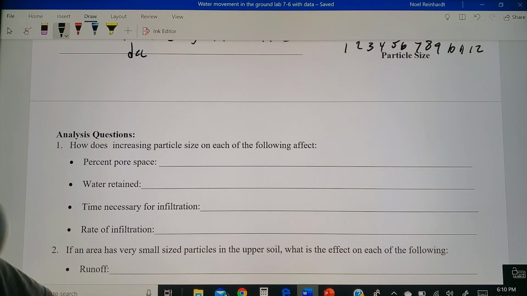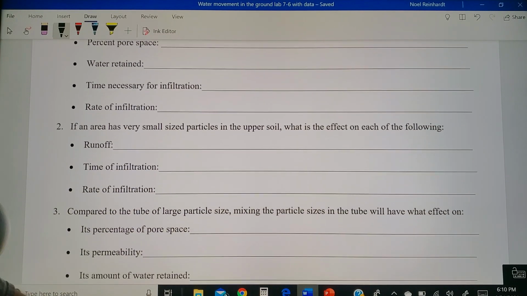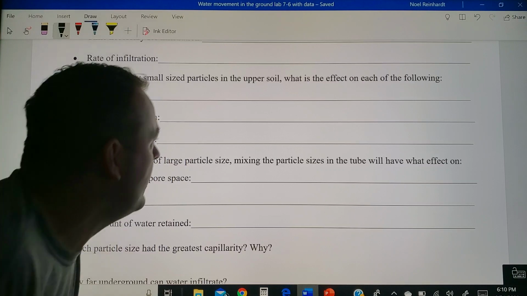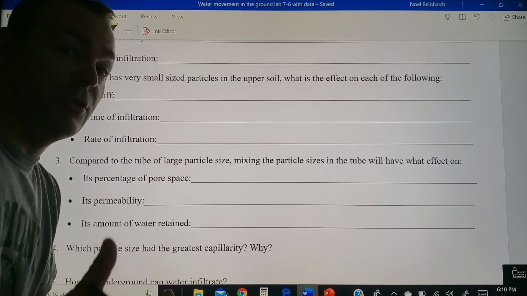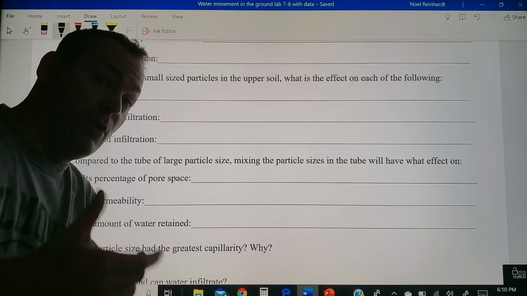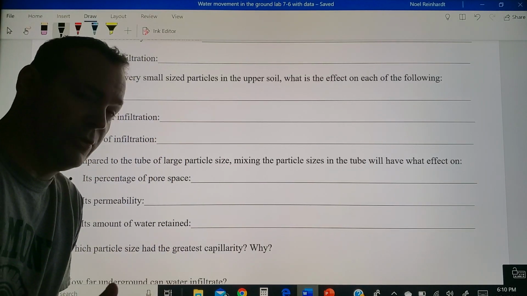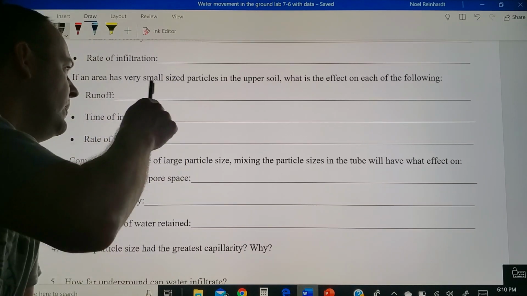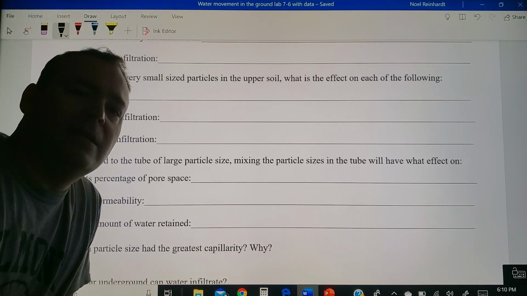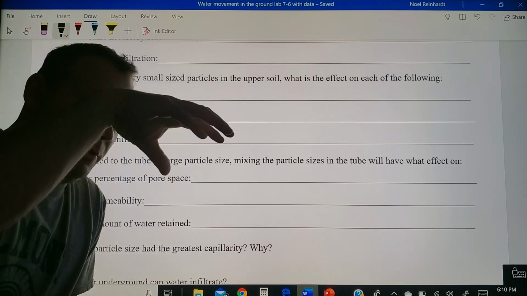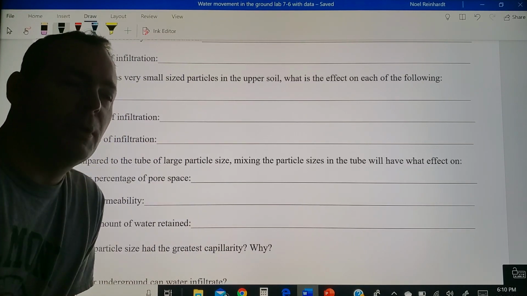Those are opposites. For the second one here, if an area has small particles in the upper soil, that means silt or clay probably, how does it affect the following? Well, runoff, well, you're going to have more flooding, right? If these smaller particles are there, the water can't get in, it's going to flood more. That was a real big issue at the old Yankee Stadium. Every time it rained, they would get a delay of game because the water would just sit in the field and they couldn't play.